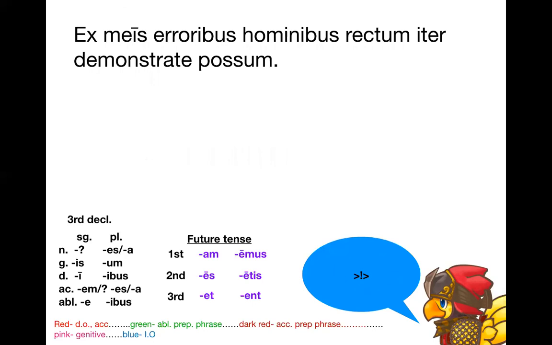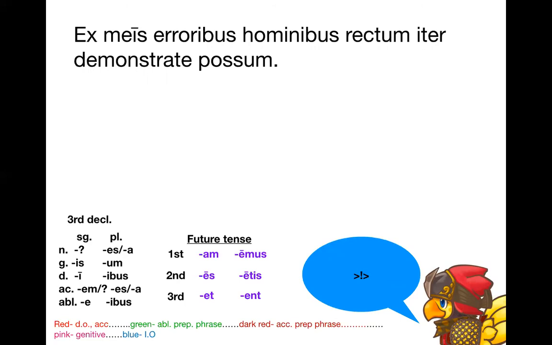All right, who can read this final sentence we'll do today, and then I'll show you guys the weapons. Jaden, go ahead. Ex meis erroribus hominibus rectum iter demonstrari possum.